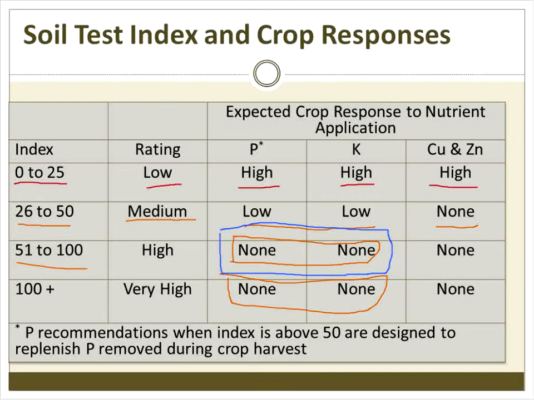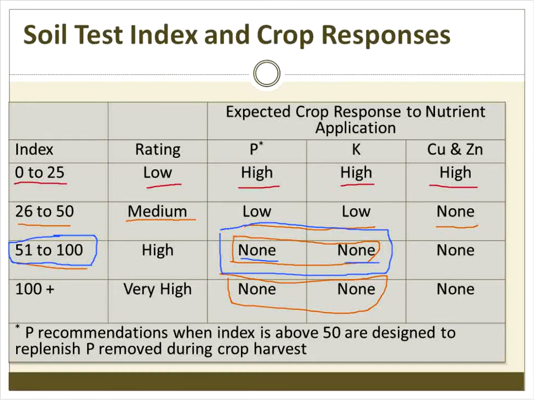There will be instances on a soil test report that you get back from the North Carolina Department of Agriculture and Consumer Services soil testing lab where you have an index above 50 where you actually will get a recommendation. And you ask yourself, well, why? We're not going to get any kind of crop response to that. The thing they're trying to accomplish with that recommendation is basically putting back the nutrients that you're going to take off.